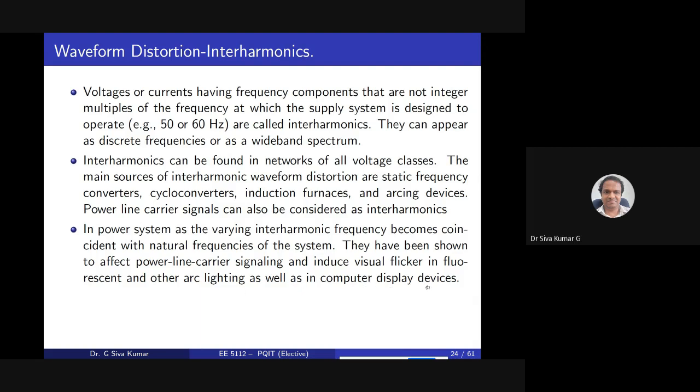I mean, whenever we have coincidence or resonance of the interharmonic frequency component signals with the natural frequency of the system, then visual flicker occurs in fluorescent and arc lighting as well as in computer display devices. Okay.